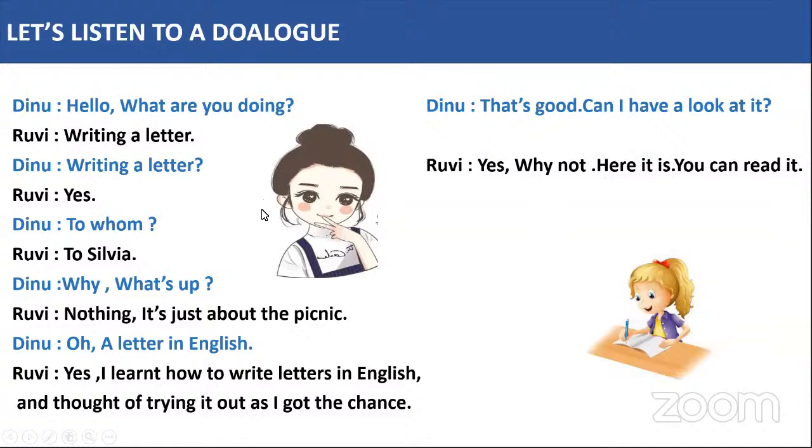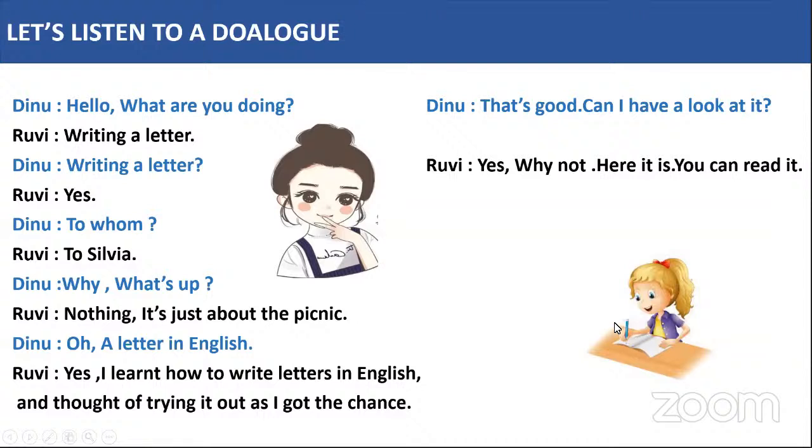Okay, I think you were very attentive to listen to that. What's happening here? As I told you, this is Dinu and Ruby. Ruby is writing a letter. To whom?